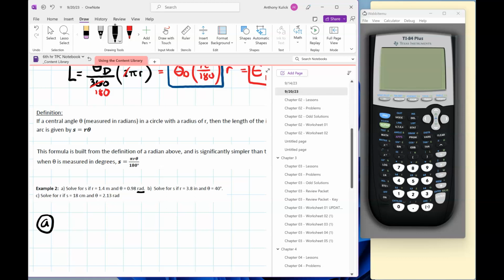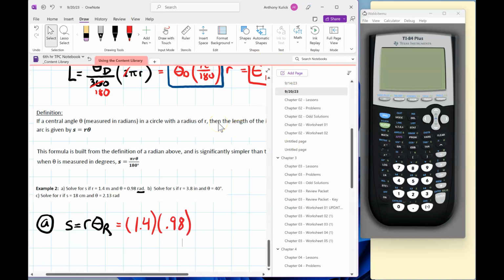Since we're in radians, I want the radian version. So my radius is 1.4. My angle measure in radians is 0.98. I multiply those together and I get 1.372.